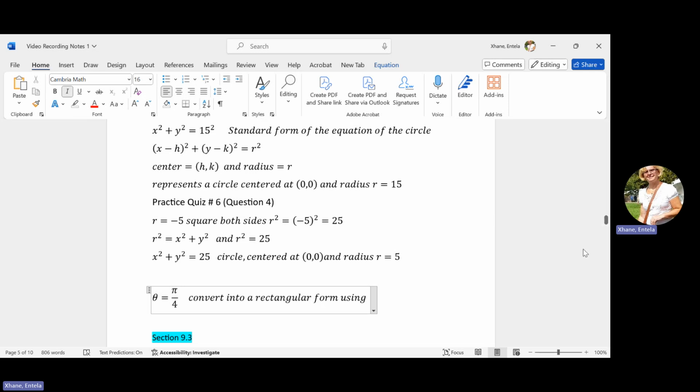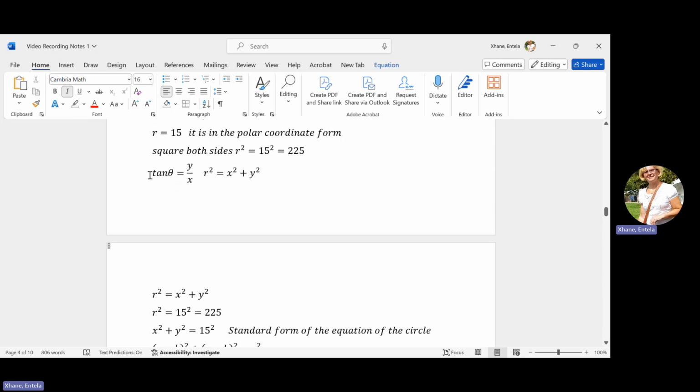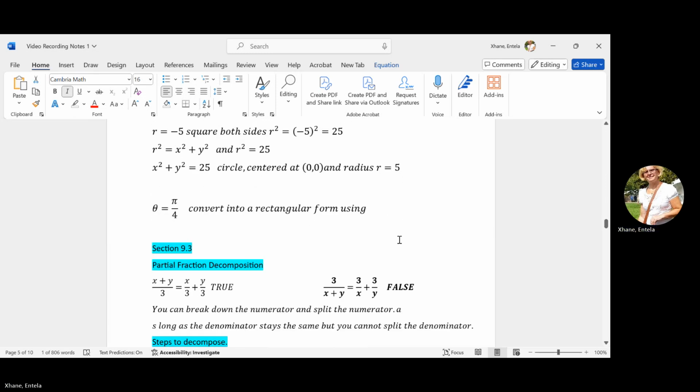Now pay attention. If theta is given, that's what I need to use right there. So if theta is given, I need to use tangent theta equals y over x. This is how the given information in the polar system connects with the rectangular.